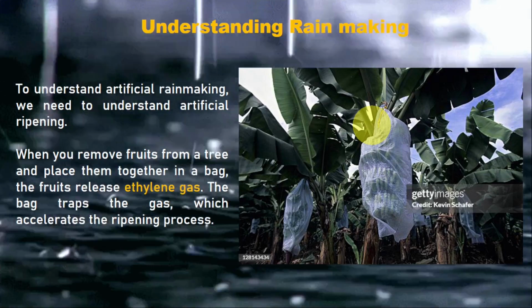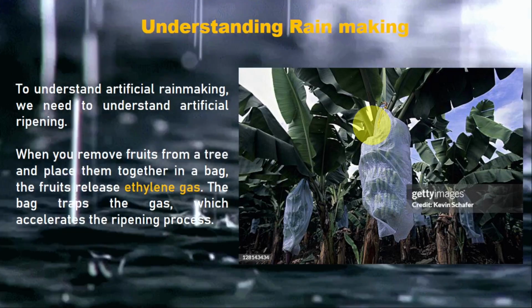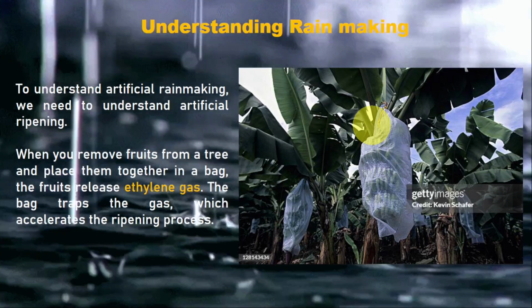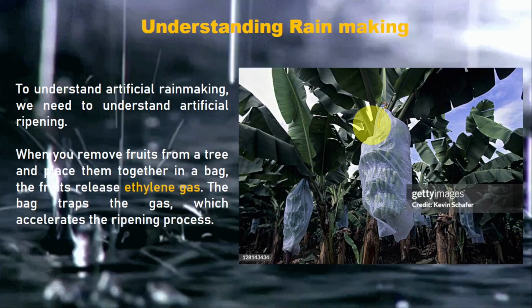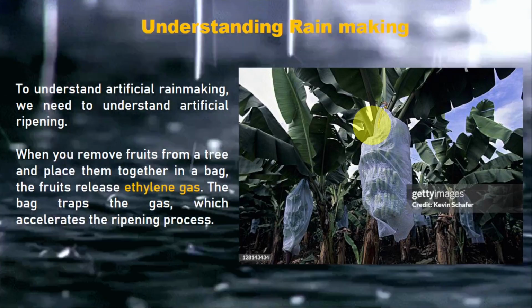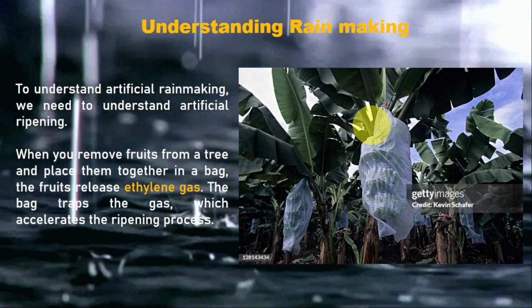So that is exactly what happens with rain. Cloud seeding is simply accelerating rainfall, because if you leave it out, it may take time to rain. But by applying cloud seeding, you are accelerating rainfall.